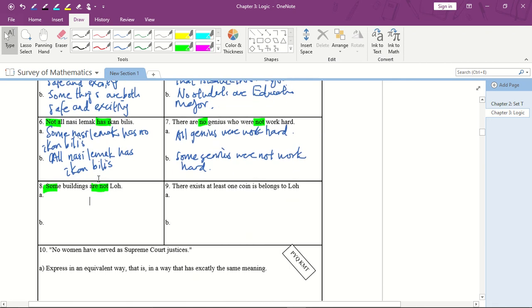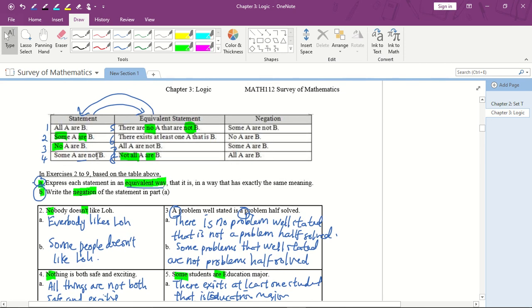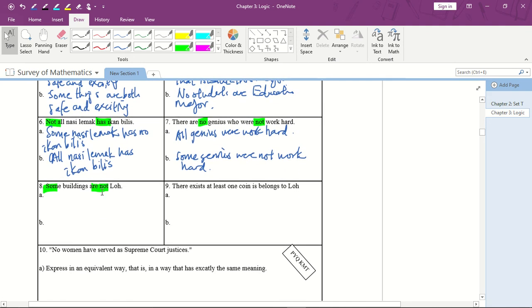So for 4 you can write, the equivalent will be not all A are B. So here it will be not all A are B, not all buildings are law.